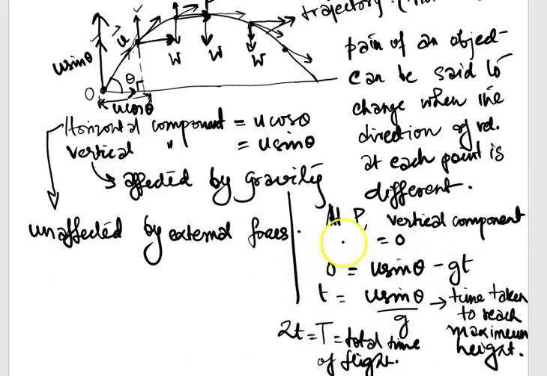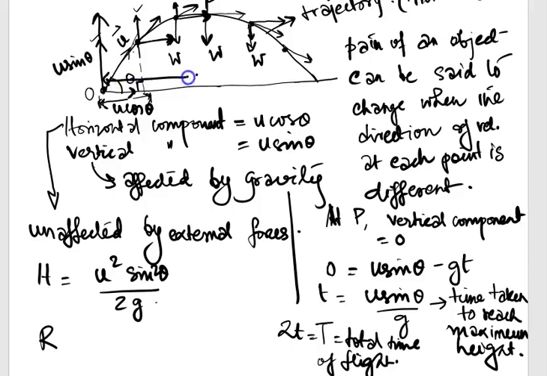Now, similarly, using these equations again and again, you will be able to figure out the maximum height, which is u square sine square theta by 2g. Or you can also figure out the horizontal range, which means how much distance it covers as it moves in the horizontal direction.